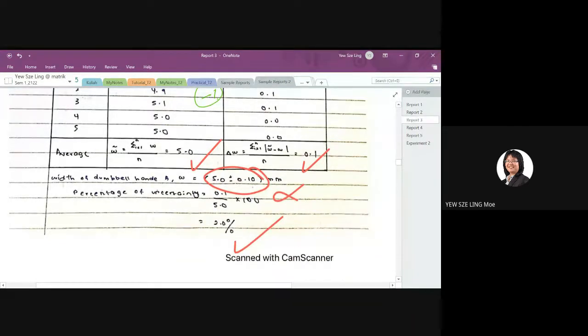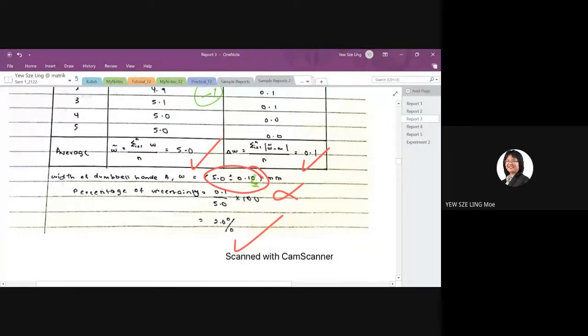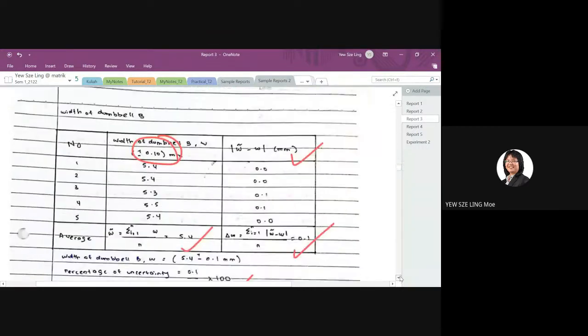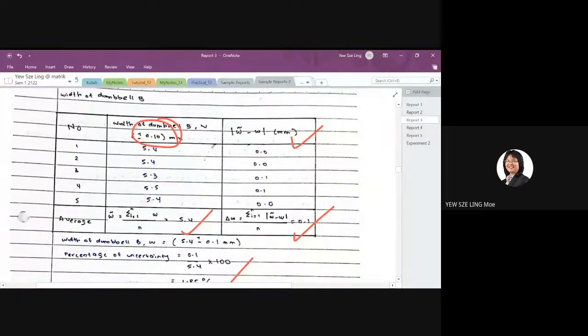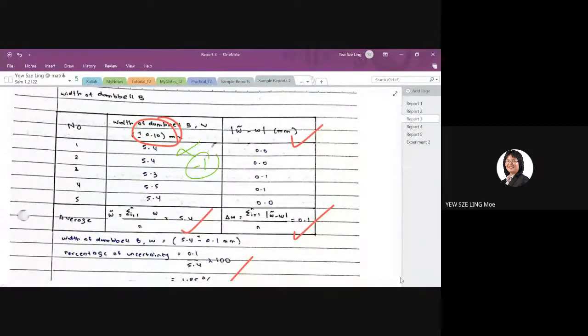Why do you want to add a 0 here, right? So this 0 is not needed. So if you write as 5.0 plus minus 0.1, then you get full marks here. Percentage of uncertainty, okay, we got the correct answer. Now let's see. Okay, again, same mistake. So again, 1 mark will be deducted.